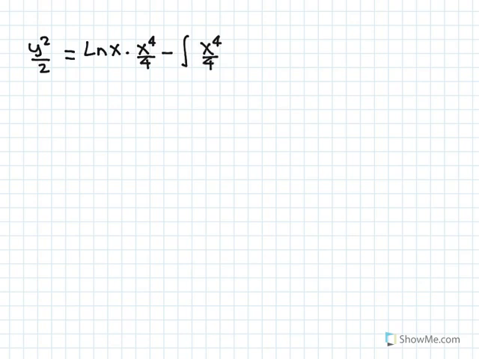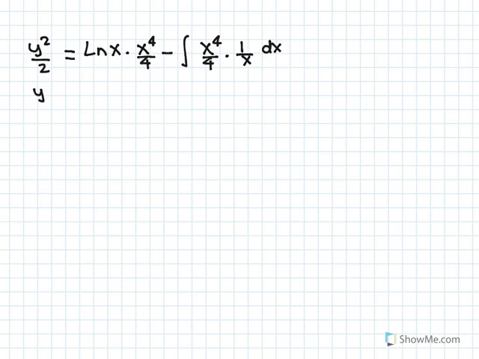So what we have is y squared over 2 is equal to log x times x to the 4th over 4 minus integral of x to the 4th over 4 times 1 over x dx.